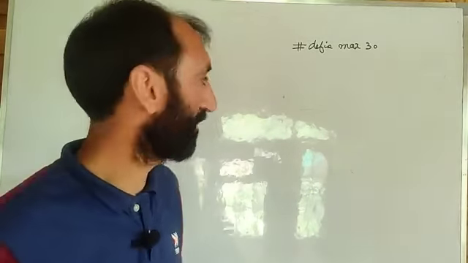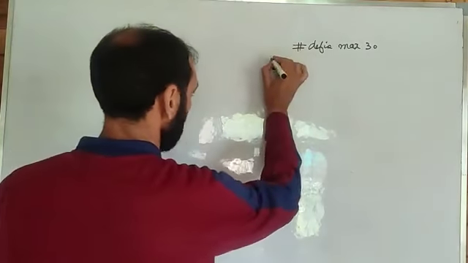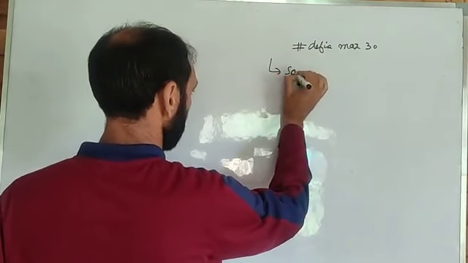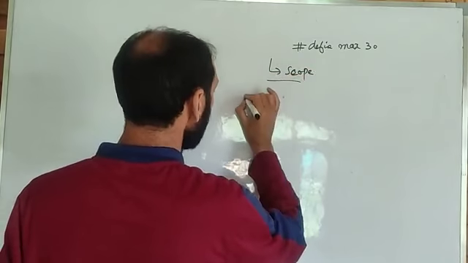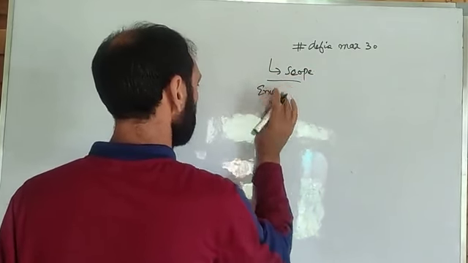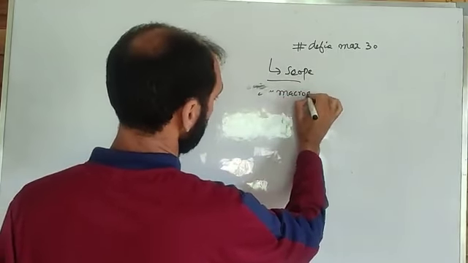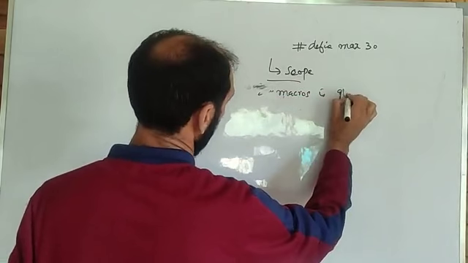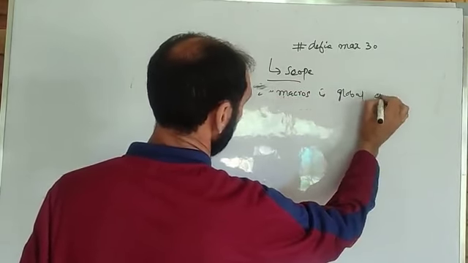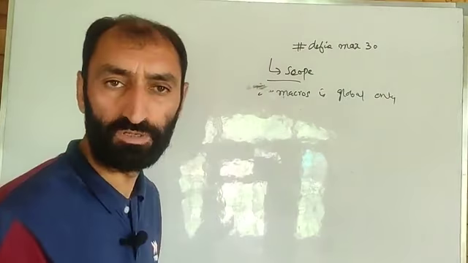What is the difference? First difference is scope. The scope of macros is global only. That means there is only a global scope.